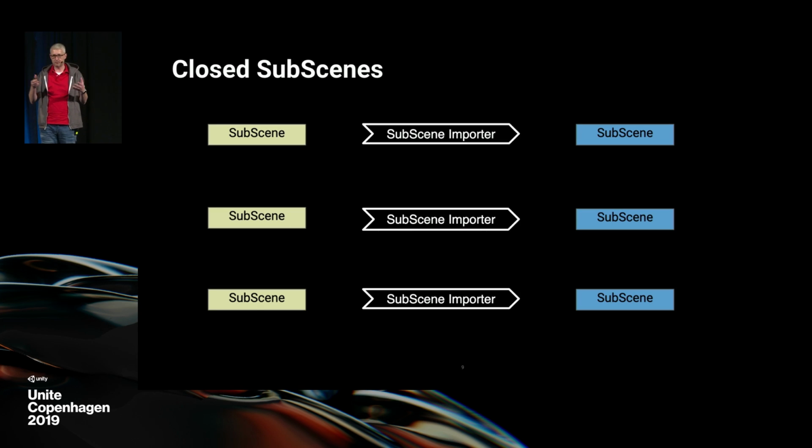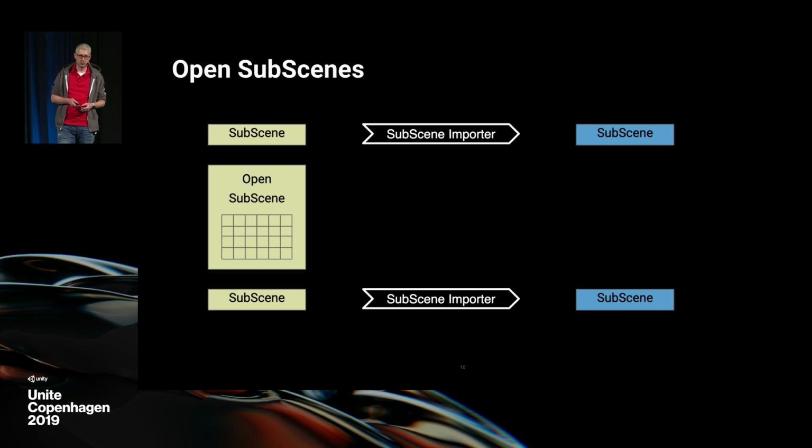That's only happening for the closed subscenes. So the workflow is you make a change to a prefab, it will start importing all the scenes that use that prefab, and they will then pop in when they're converted.